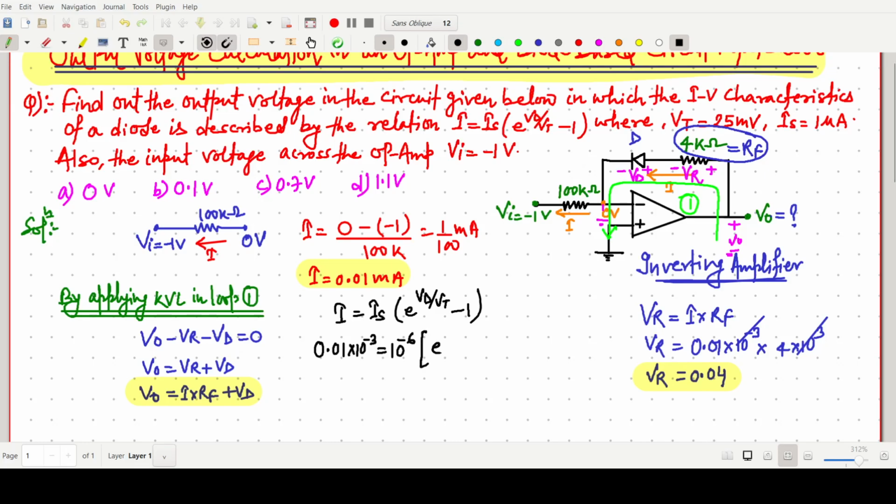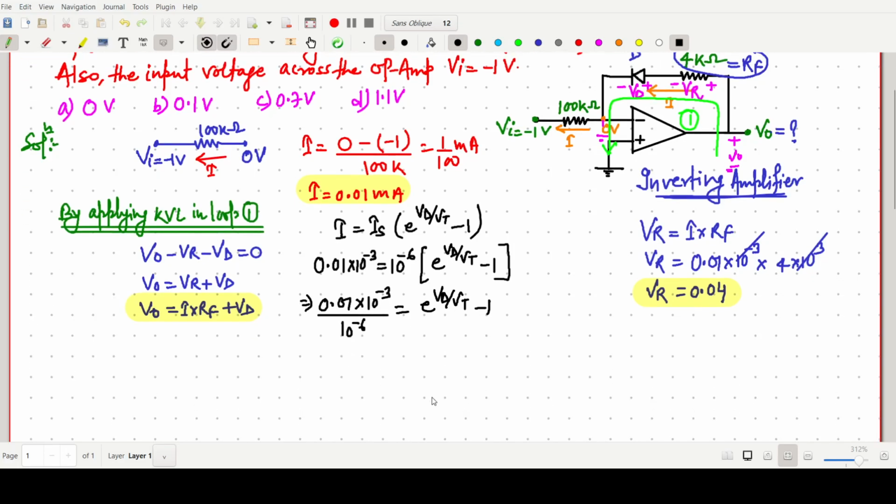Now we have to use the calculator. So one can also write 0.01 into 10 to power minus 3 by 10 to power minus 6 equals e to the power Vd by Vt minus 1.